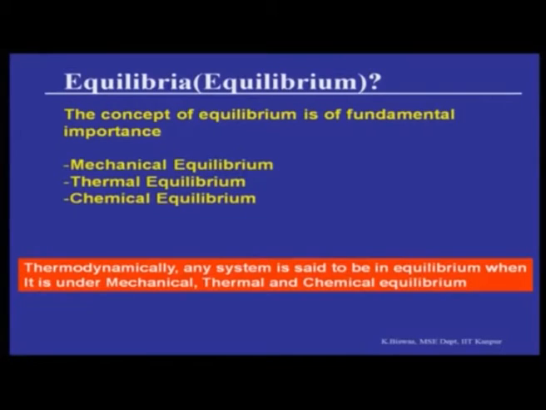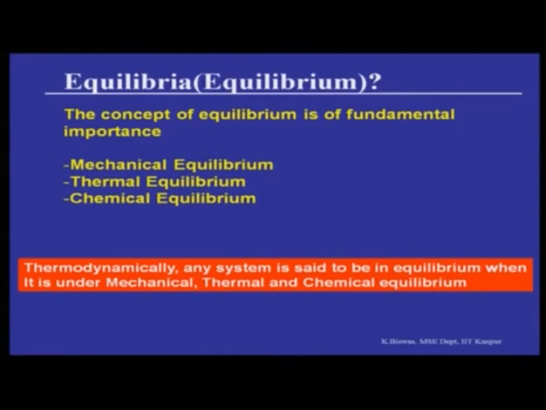Okay, I hope enough is told to you about phases. Now the question is diagrams. Phase diagrams are actually equilibrium diagrams. What is the meaning of equilibrium? Or sometimes people call it equilibria. Equilibria is nothing but the plural of equilibrium in English. Equilibrium is a fundamental concept for any branch of engineering. But you know, equilibrium has 3 things.